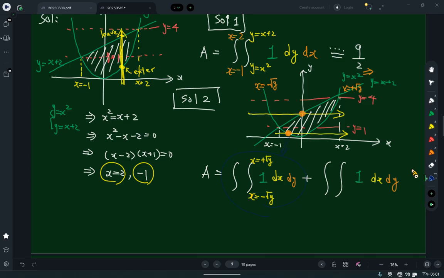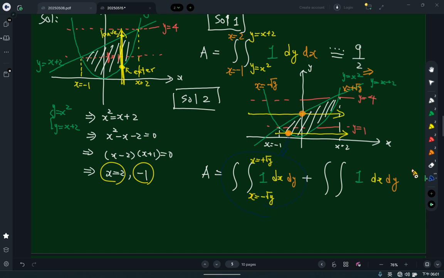You can see the enter point is s is equal to negative square root of y, and leaving at s is equal to positive square root of y. Okay, this is this part.